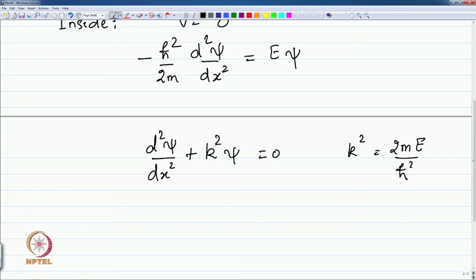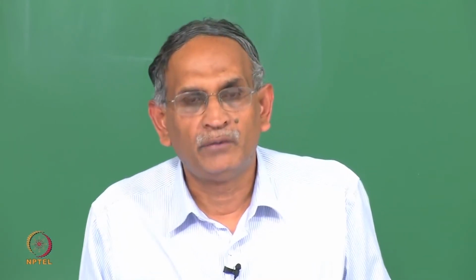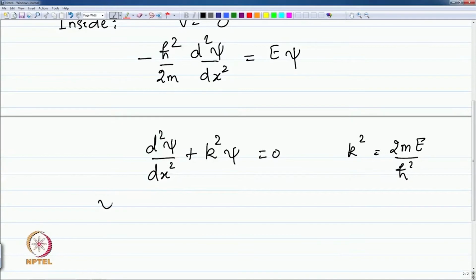This k squared is positive obviously, and therefore, what you have here is a simple differential equation of second order, and you know such solutions can be obtained from either trigonometric functions or the exponential with imaginary argument.